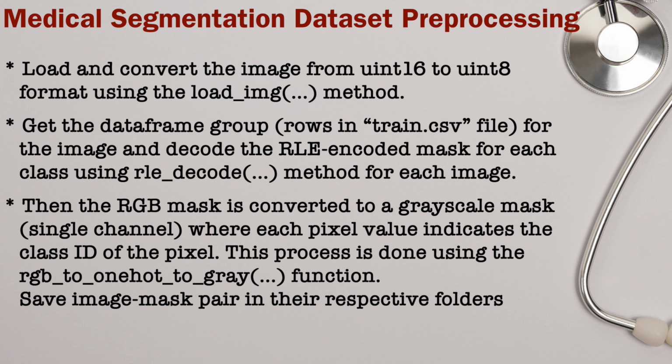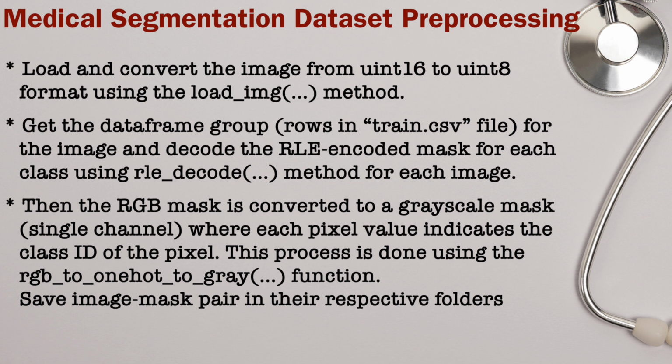Then the RGB mask is converted to a grayscale mask, single channel, where we can use 0 to 255 grayscale values, and each pixel value indicates the class ID of the pixel. The process is done using the RGB to 1 hot to gray function.